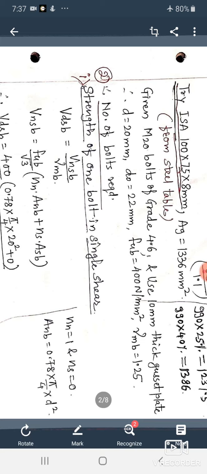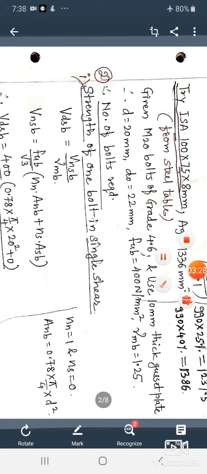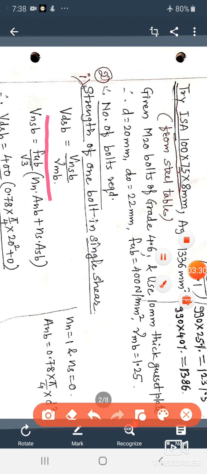To find out the number of bolts required, we need to find out the bolt value, that is nothing but the strength of one bolt in shear and in bearing. First we'll calculate the strength of bolt in shear, that is Vdsb is equals to Vnsb upon gamma mb. We have used this formula many times.